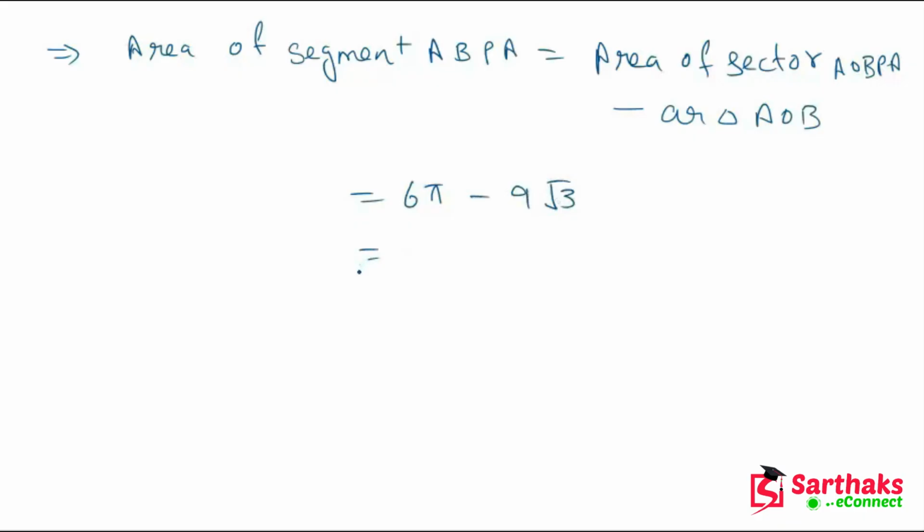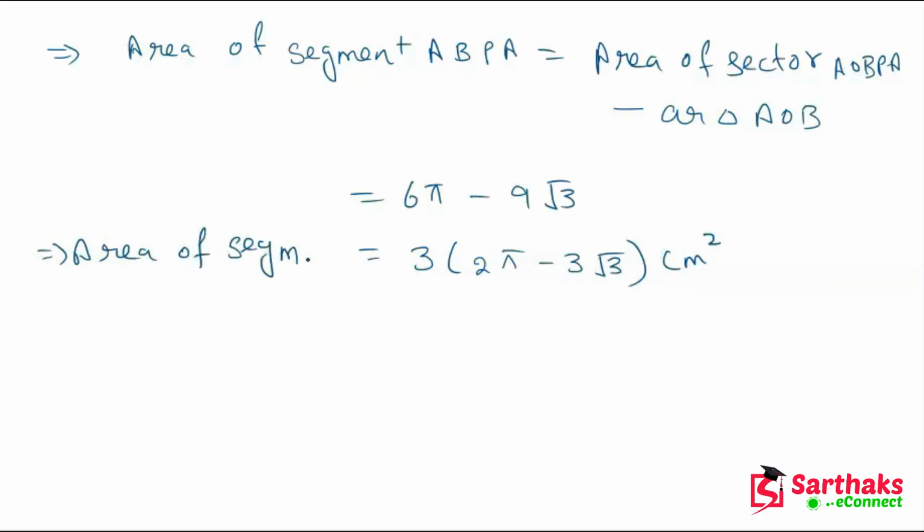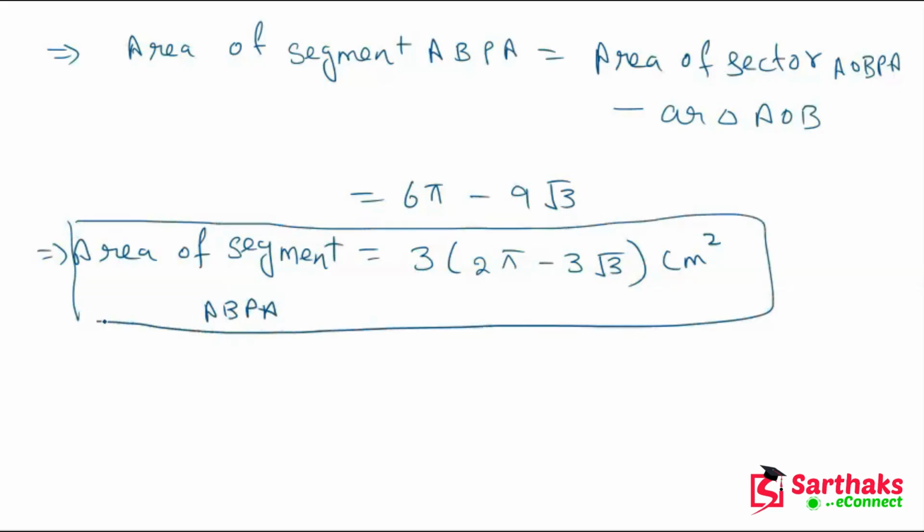Okay, if we take 3 as common, we get 3 times (2 pi minus root 3) centimeter square. So this is the area of segment ABPA. I hope my dear friends you understand these things. Okay, so that's the method to find the area of a segment. Now let's move on.